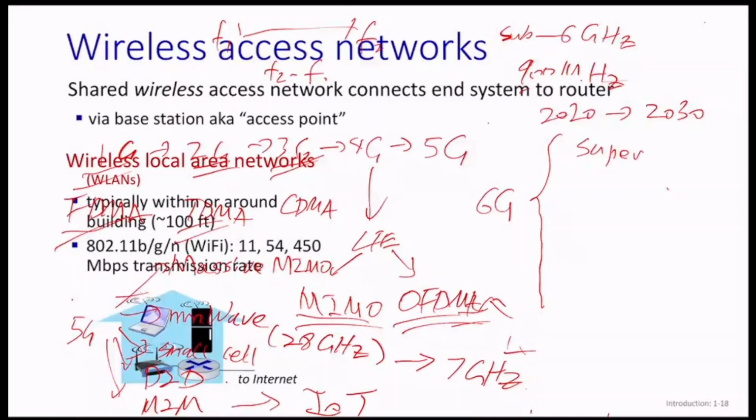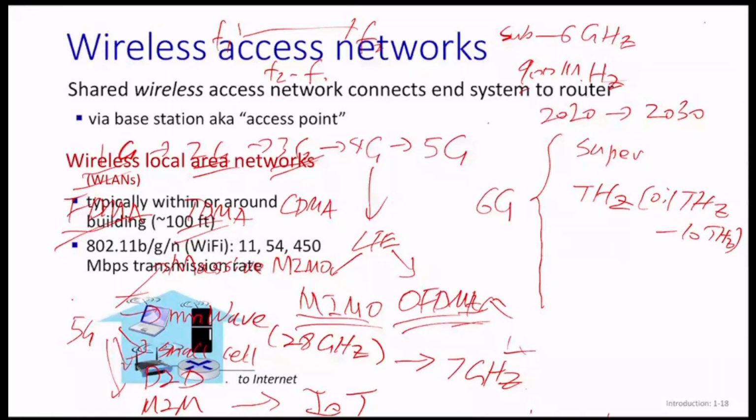The reason is another technique: we need to move the frequency from millimeter wave, 28 gigahertz, to higher frequency. We consider terahertz communication, in the range from 0.1 terahertz to 10 terahertz.